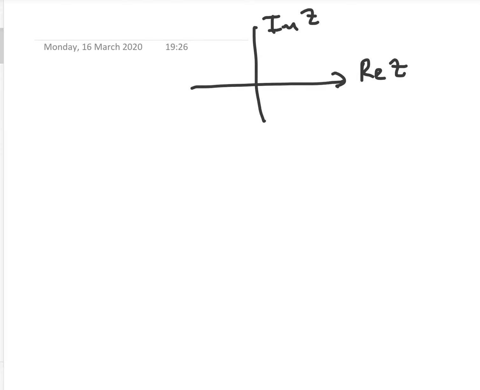Here's your complex plane, where the horizontal axis is the real part of your complex number, and the vertical axis is the imaginary part of your complex number. And every point there, of course, is a complex number.